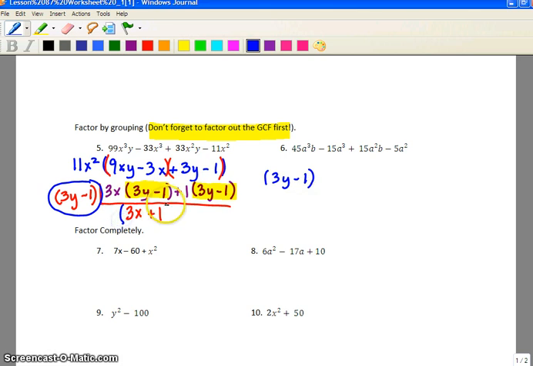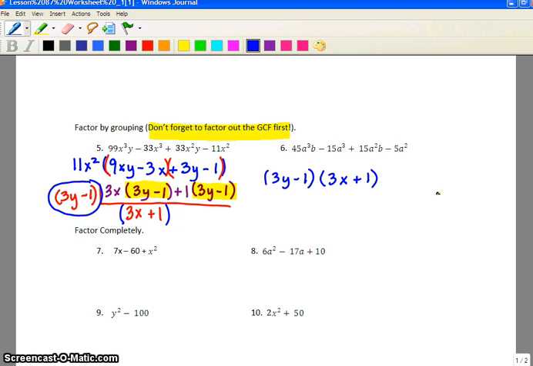Whatever's left over goes in parentheses. That hasn't changed. Now, I'm going to pose a question to you and think about it for a second. Am I done? Is my problem complete?